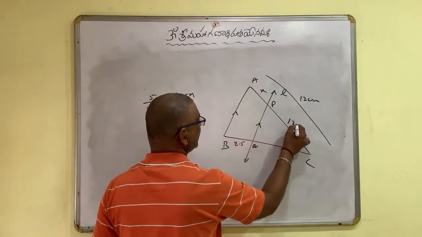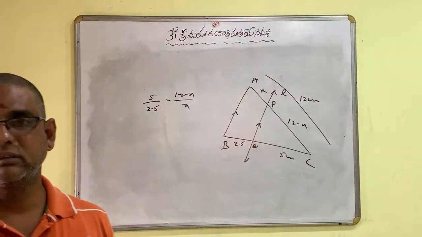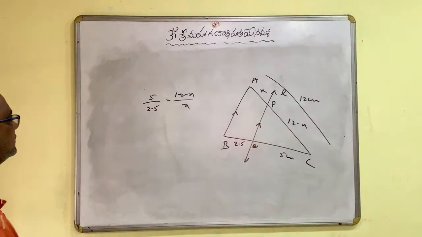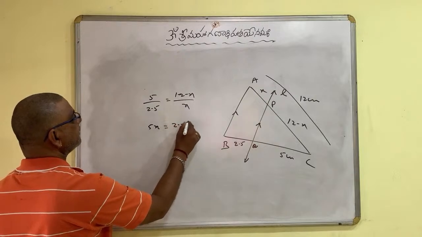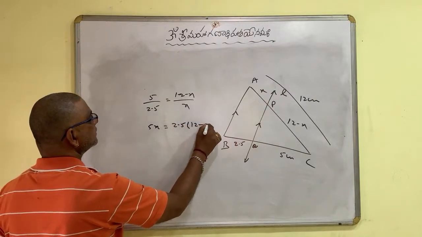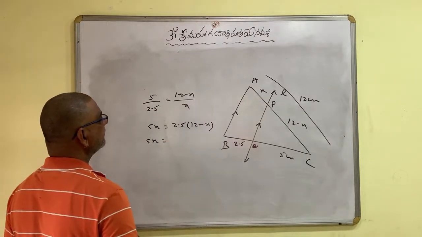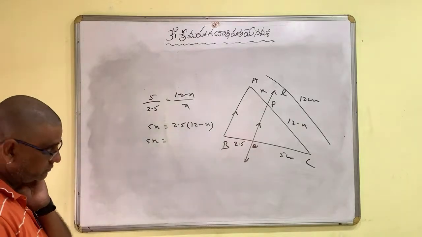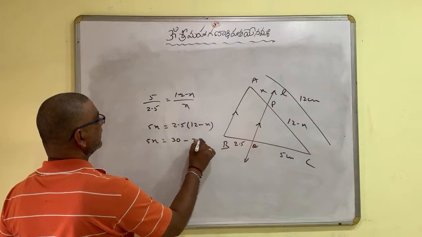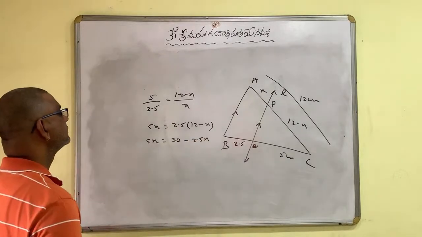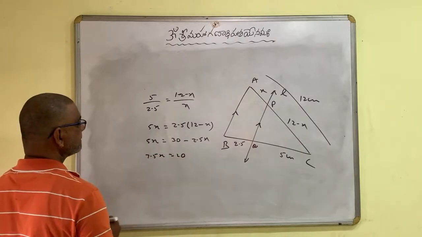This is 12 minus x, na? 5x is equal to 2.5 into 12 minus x. 5x is equal to 30 minus 2.5x. 7.5x is 30.